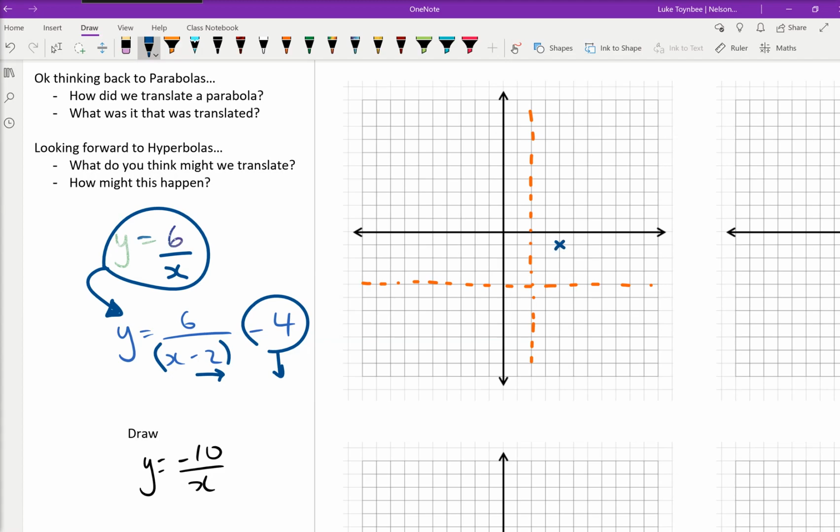From this point here, across 3 up 2. 6 and 1, across 6 up 1. Any others? 1 and 6, across 1 up 6. That's 6. Any other parts?